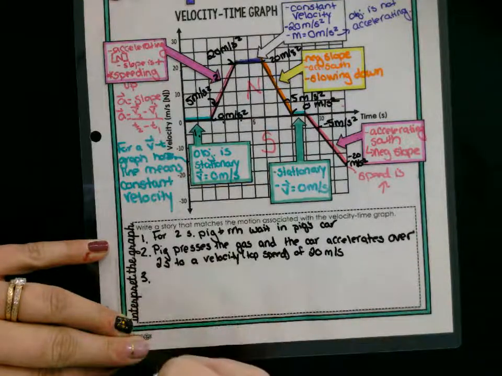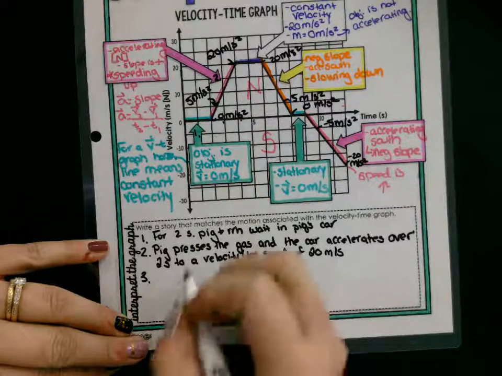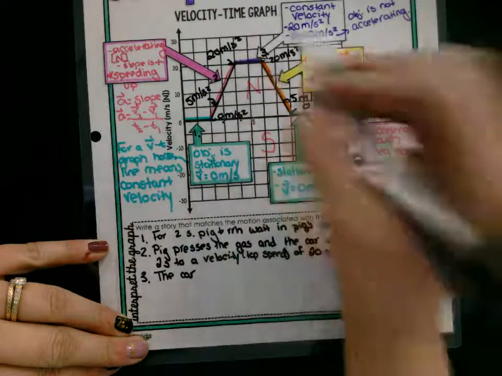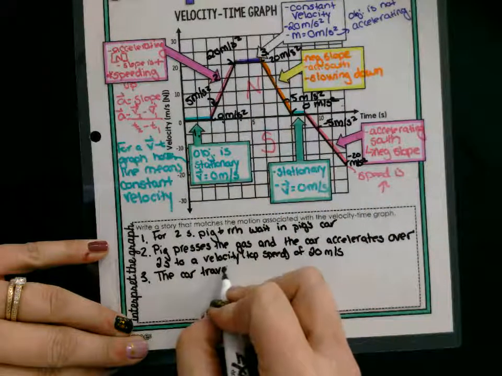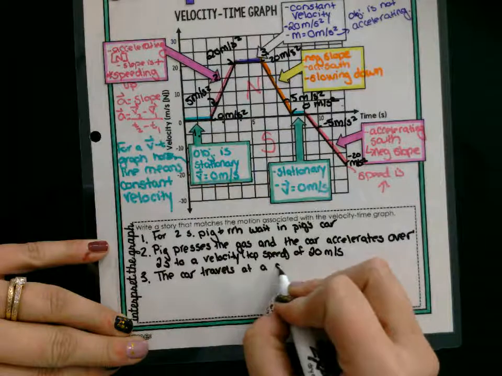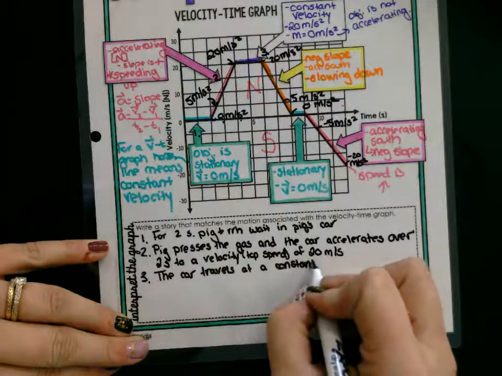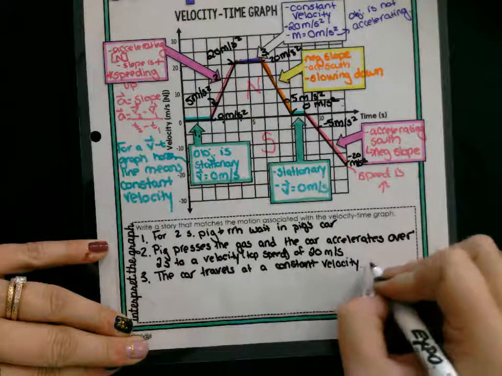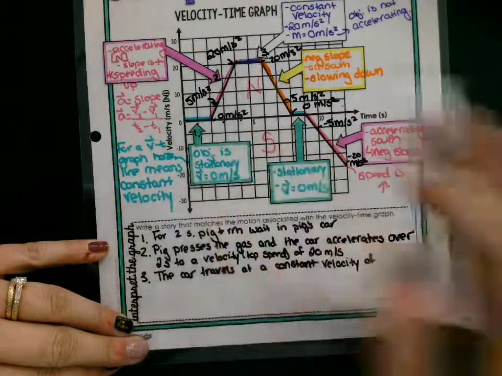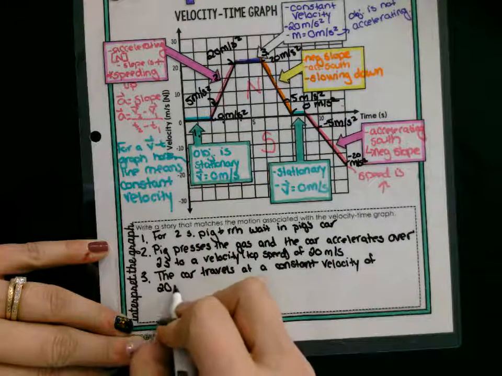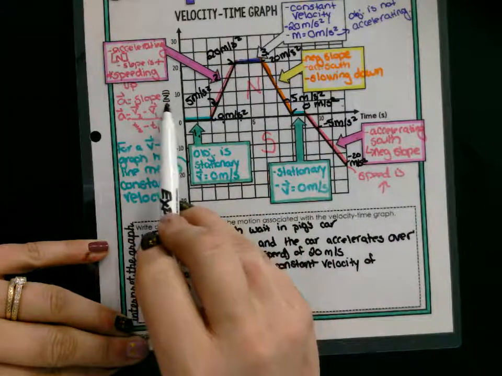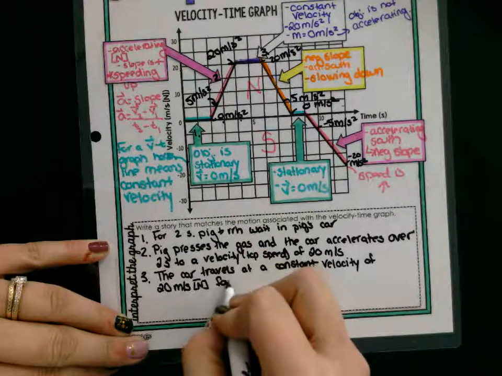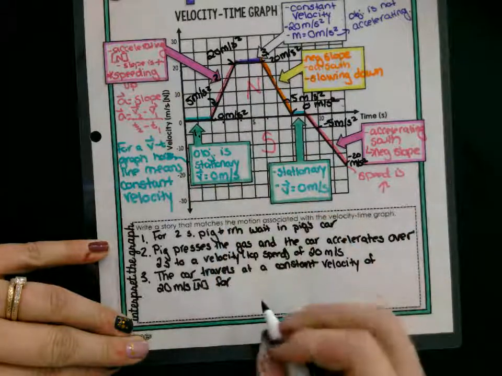Three: the car, so 3 is right here, travels at a constant velocity of, we're at 20 meters per second, north, for 2 seconds.